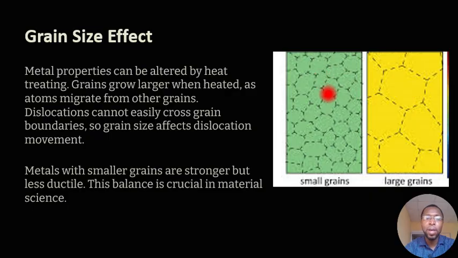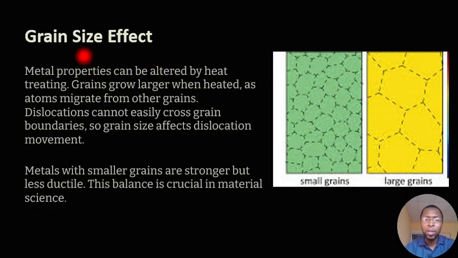Every metal is made up of grains, and a grain can be big or small. This is a big grain. You can see this portion is a type of metal with larger grain, where you have atoms in each of the grains. And the line that demarcates each grain from another is known as the grain boundary.